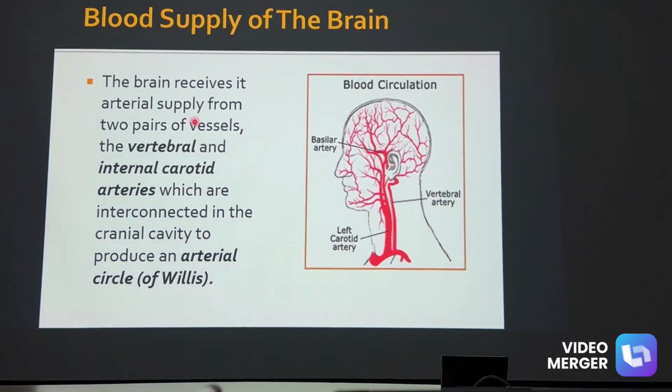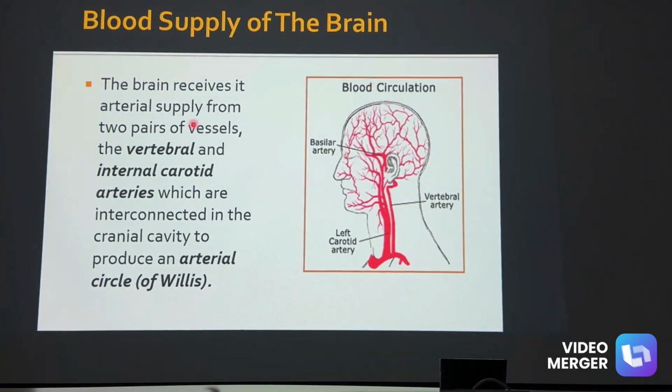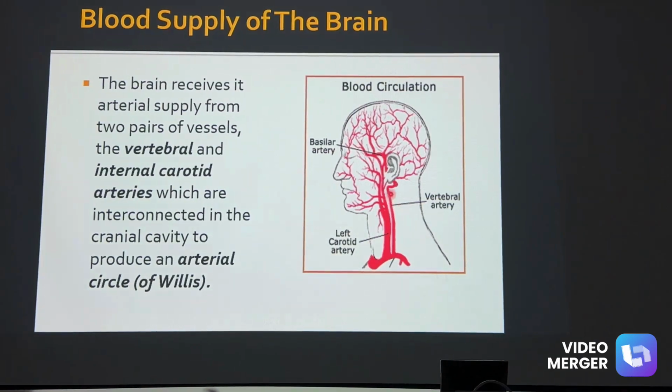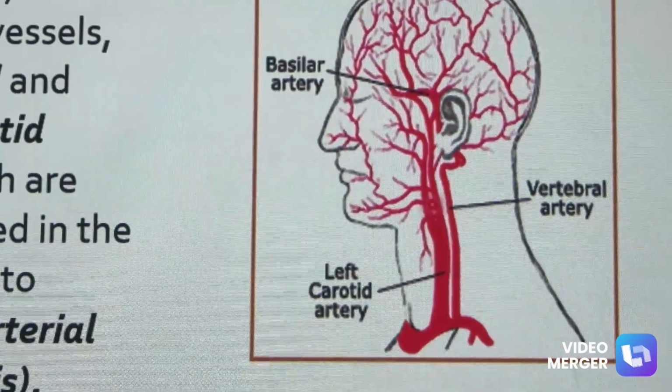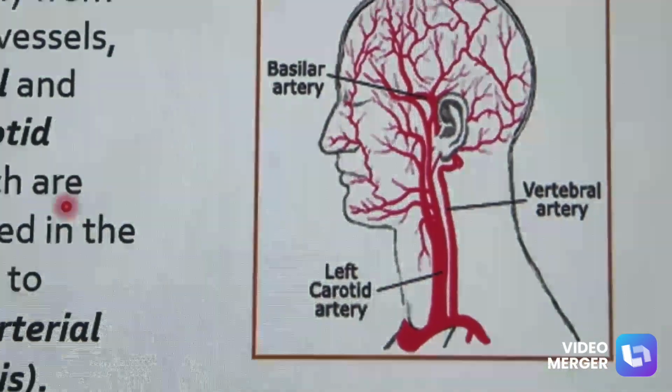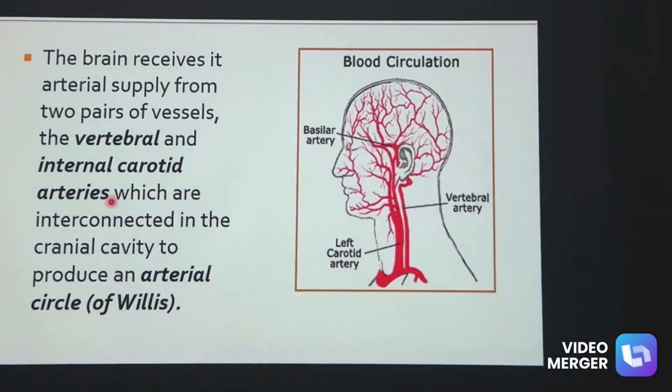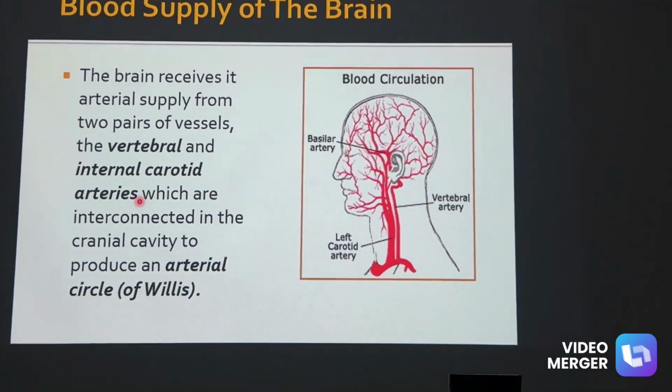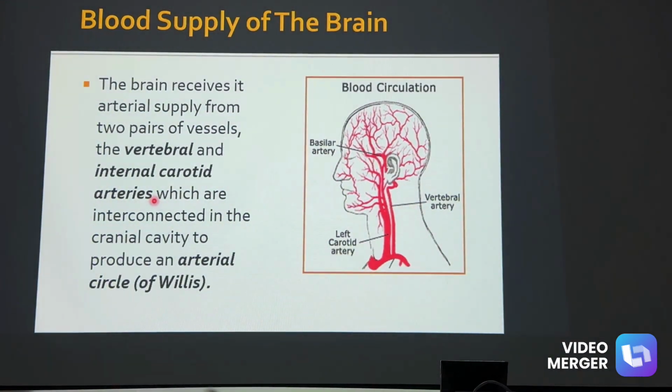The brain receives its arterial supply from two pairs of major vessels, the vertebral artery posteriorly, and the internal carotid artery anteriorly, which are interconnected in the cranial cavity to produce what we call the circle of Willis arterial network.